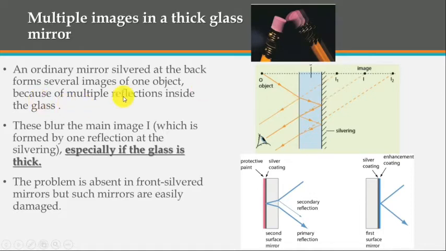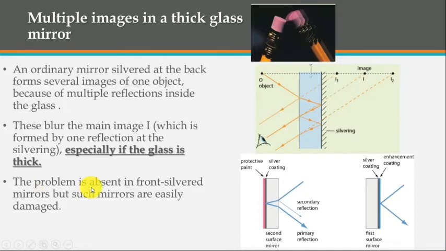So because of multiple reflections inside the glass, these blur the main image I. This is the main image I, which is formed by one reflection at the silvering, especially if the glass is thick. And we have this case when the glass of the mirror is thick. So we have refraction and reflection at the same time.